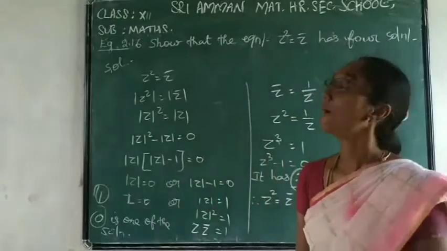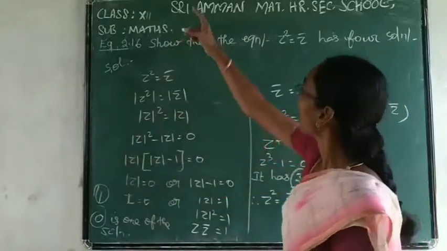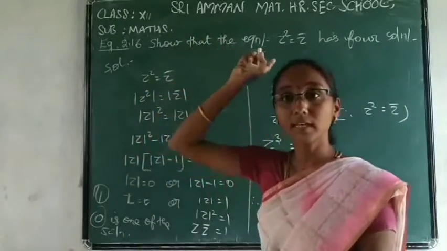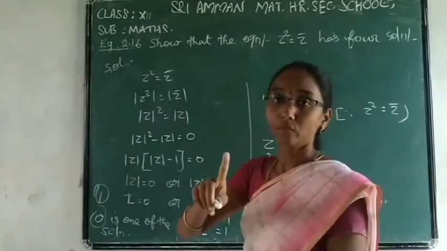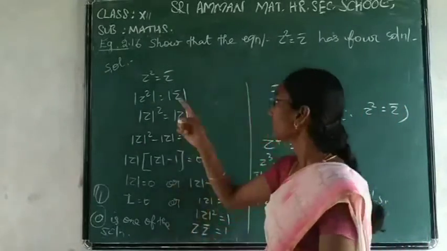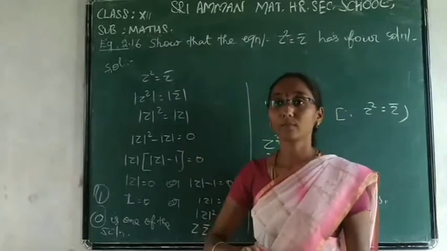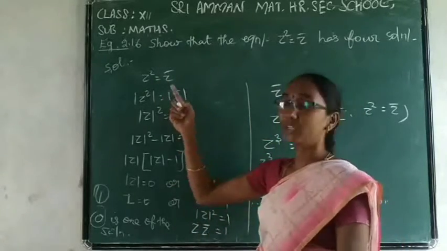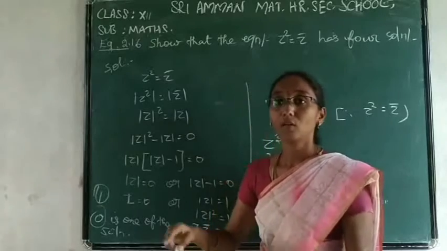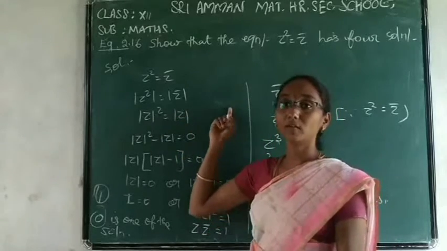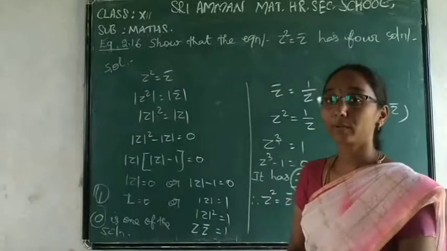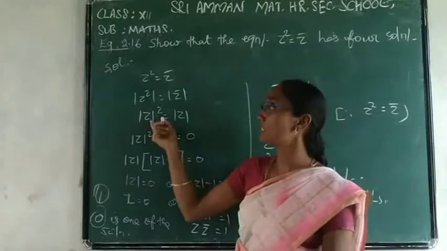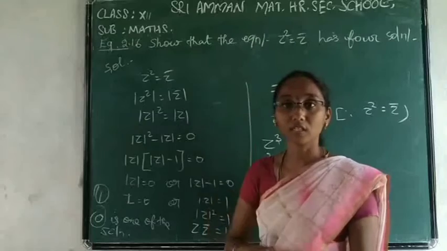Do you understand? Once again I say, to show that the equation z squared equal to z bar has 4 solutions, first you write z squared equal to z bar. Taking the modulus on both sides, modulus of z squared and modulus of z bar. Then use the power property and property number 1: modulus of z squared equals modulus of z.